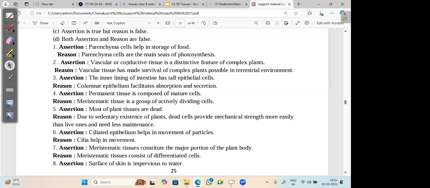The reason, vascular tissue has made survival of complex plants possible in terrestrial environment, is also true. But is it the correct explanation? I think it can be considered a correct explanation. Just give me a minute.